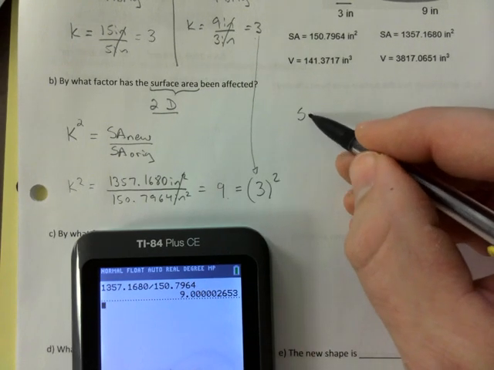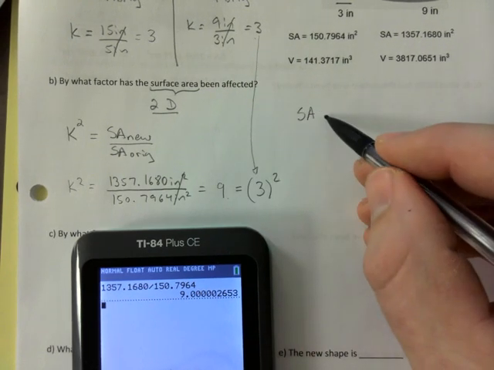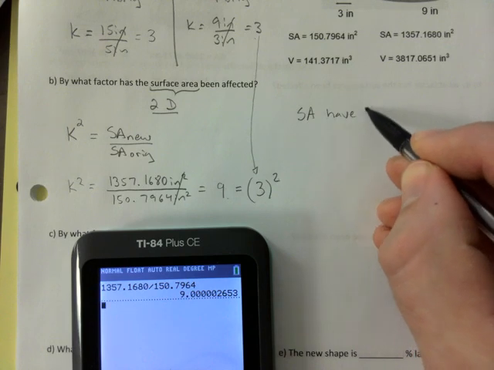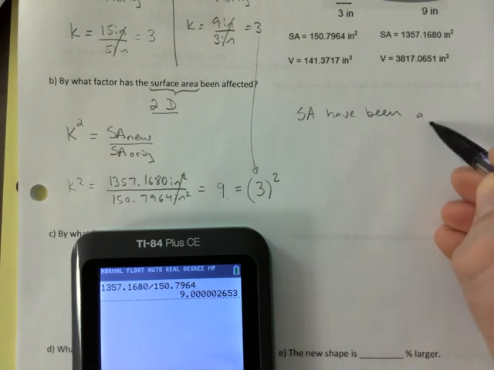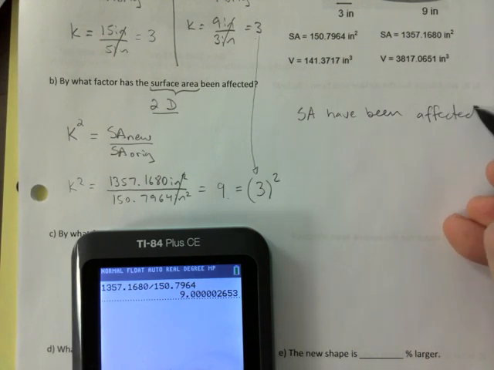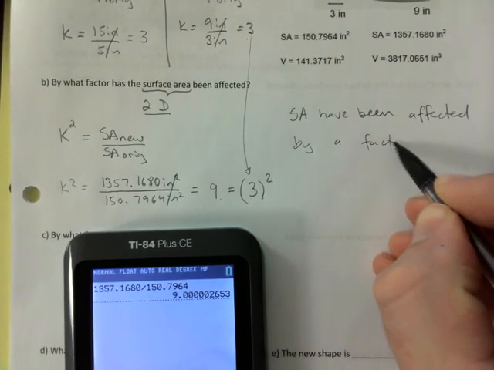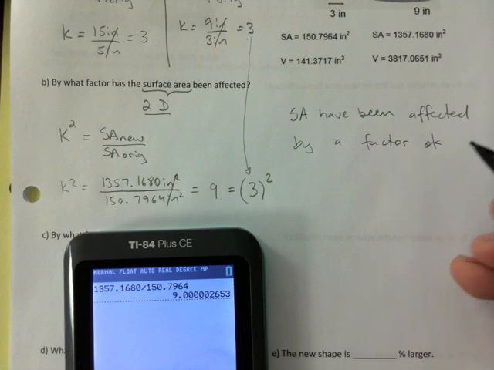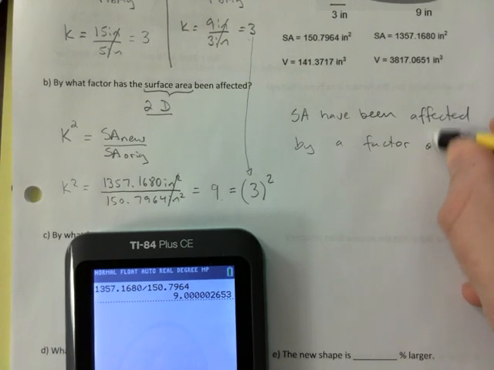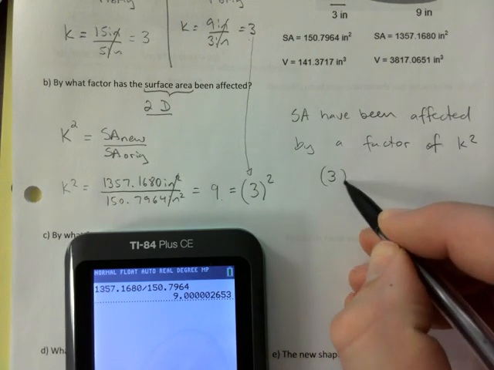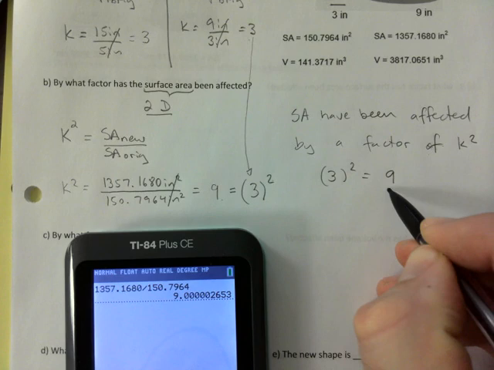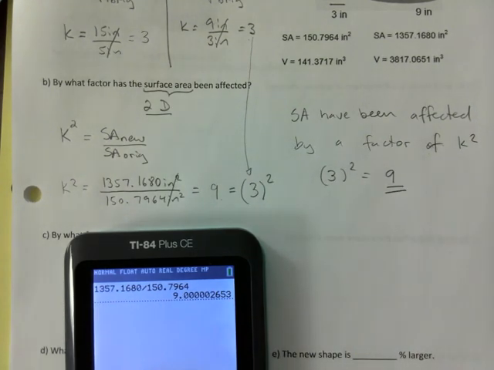Okay, so surface areas have been affected by a factor of k squared, which is 3 squared, which is 9. This is what they have been affected by, 9.